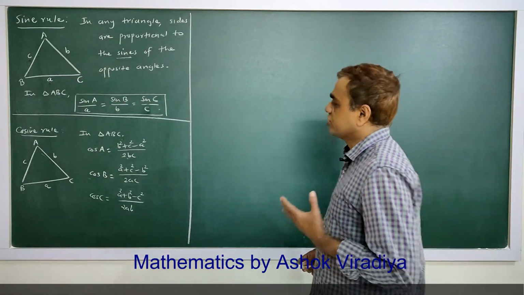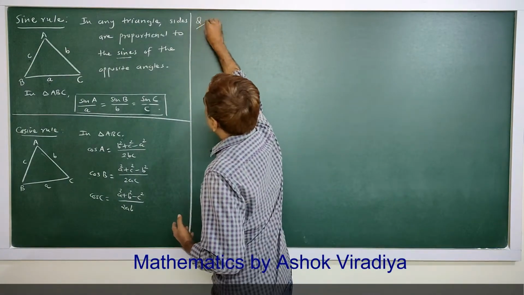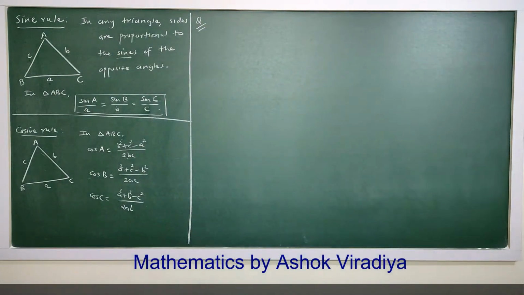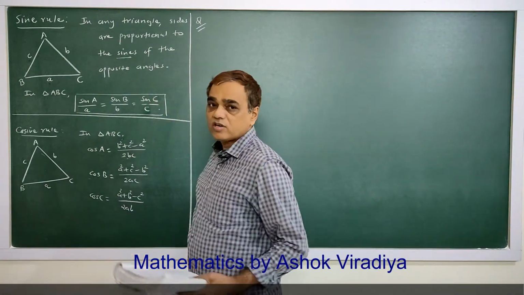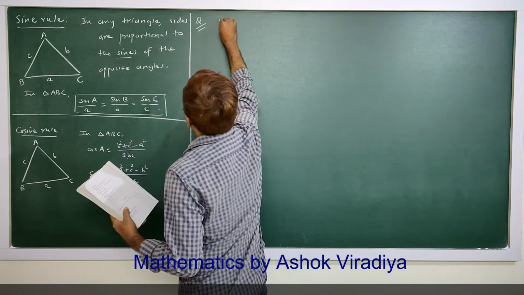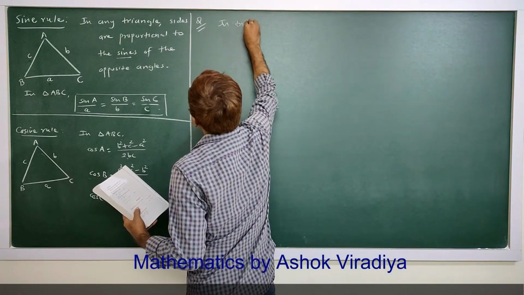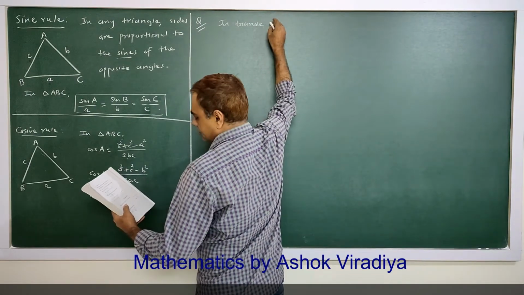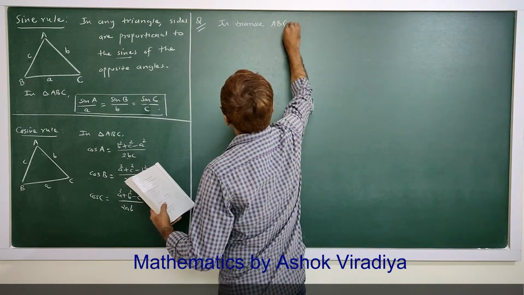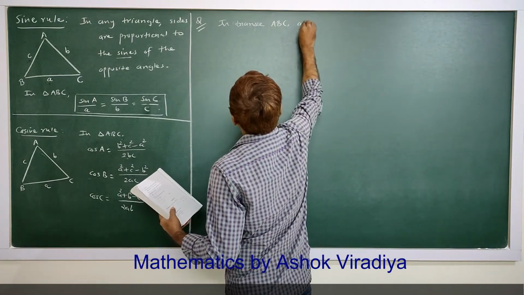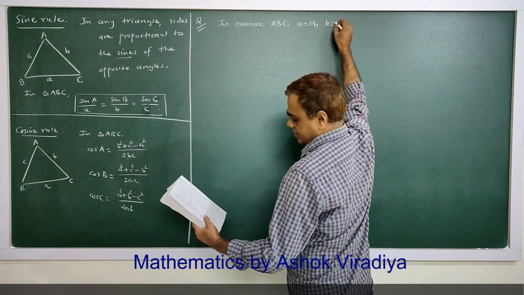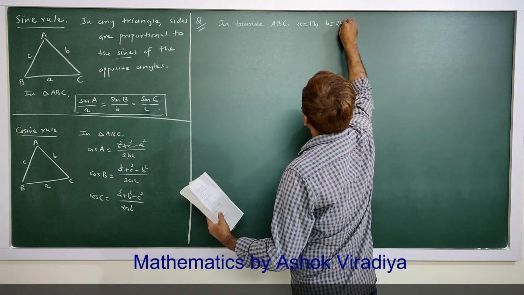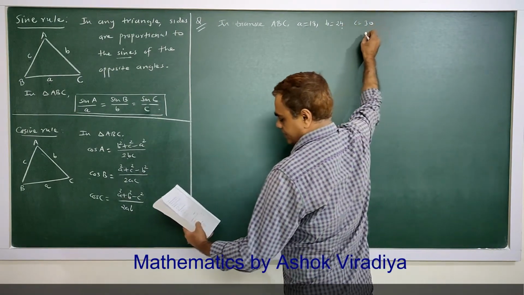Now let us solve questions based on these rules. First question: if the values of the sides of a triangle are given, then we can find the sine value or cosine value. Say here in triangle ABC, a is equal to 18, b is 24, c is 30.